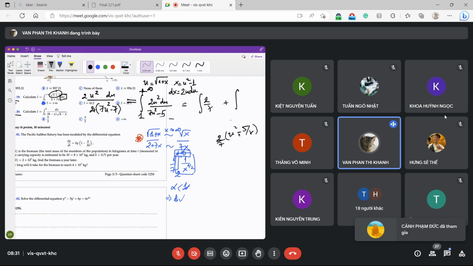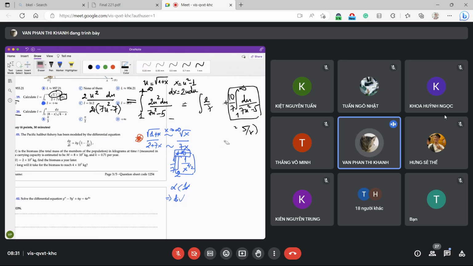So it equals 10 over 7 du over 7u squared minus 5, right? This one converges. You can evaluate it, or you can say that this one is non-negative and this integral, what is it? It's infinity already, right? So you have infinity. Class, understand? Yes or no?